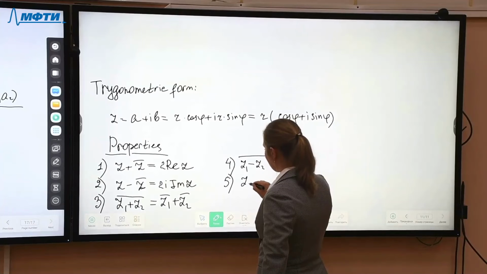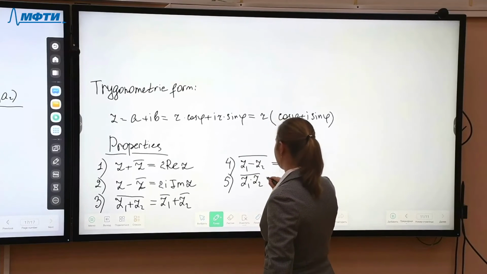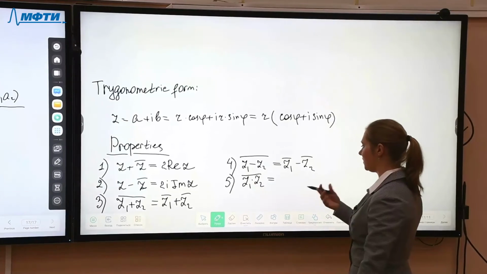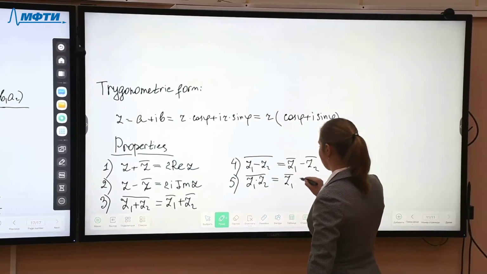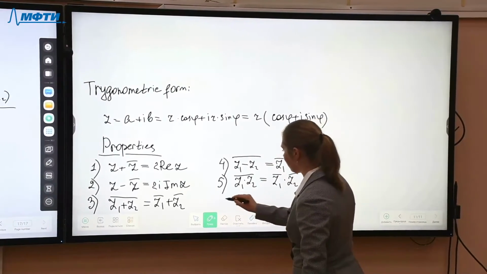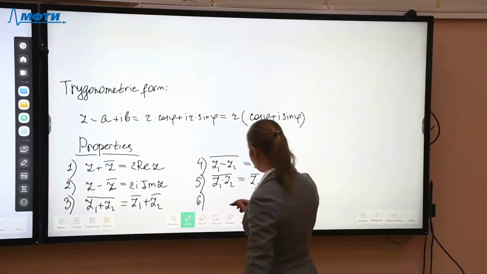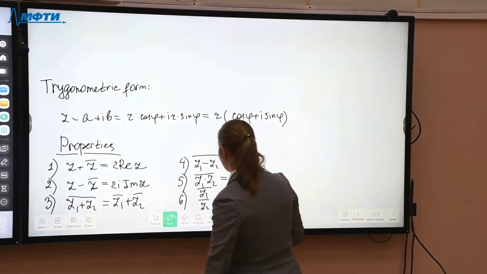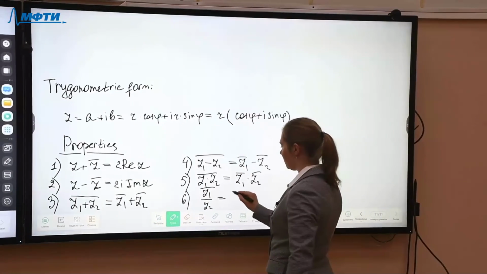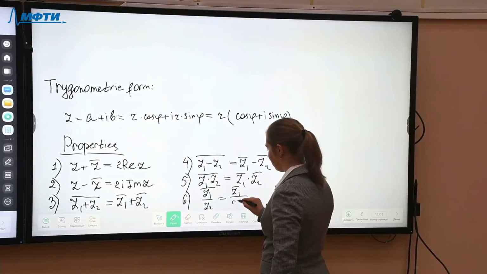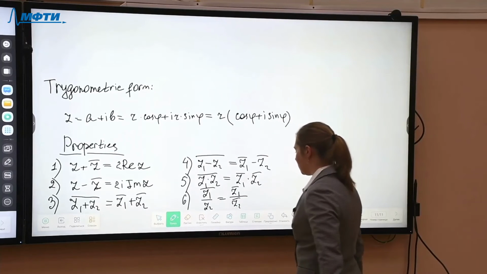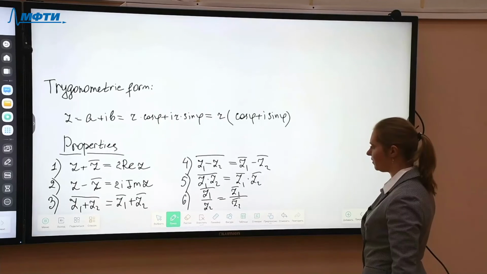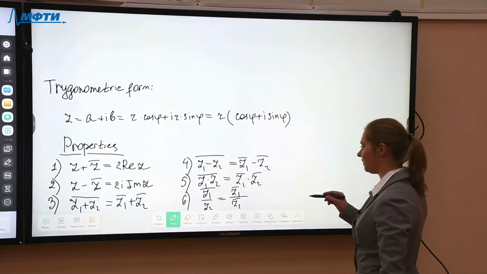Then z1 times z2, the product of two complex numbers, the conjugate of a product is the product of two conjugates. So z1 and z2. And if we find the ratio, this fraction is also like this thing: z1 conjugate over z2 conjugate. 1, 2, 3, 4, 5, 6.